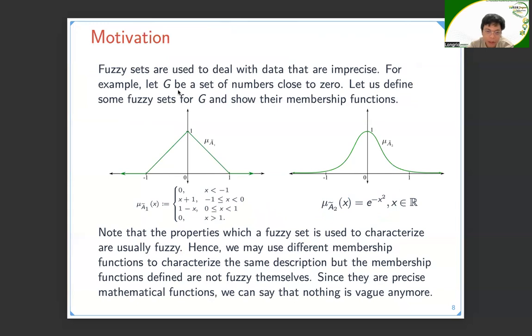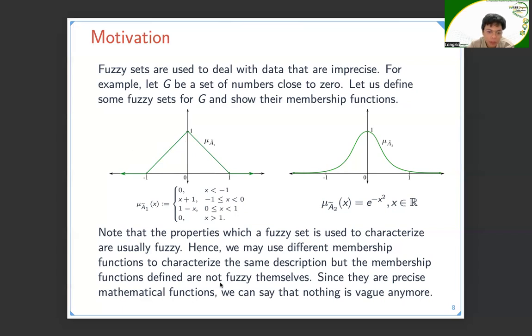For example, let G be a set of numbers close to zero. Let us define some fuzzy sets for G and show their membership functions. There are many numbers close to zero, but if we give each number a precise grade, such as this function or this function, then we can see which are closer than the others.